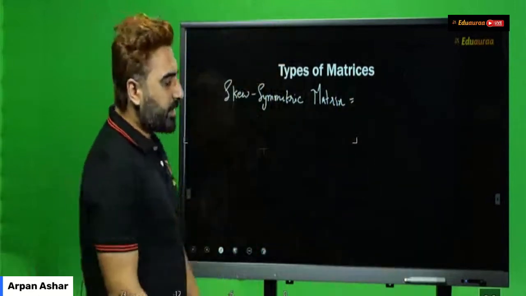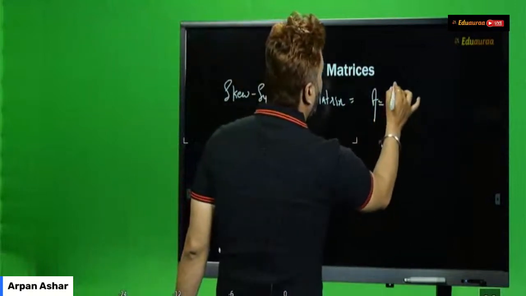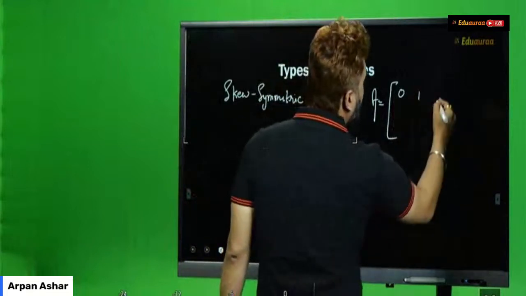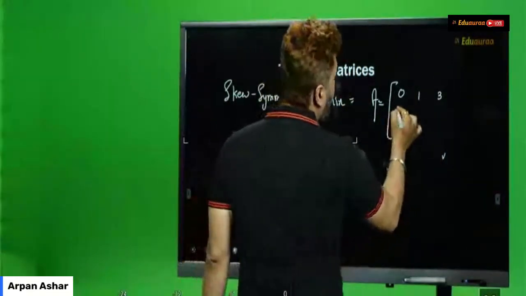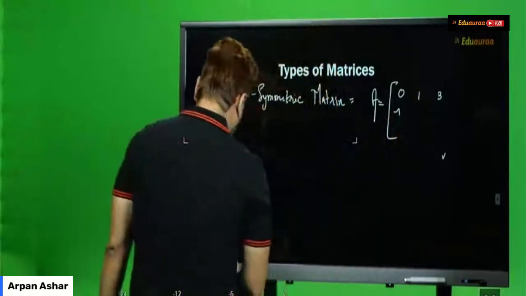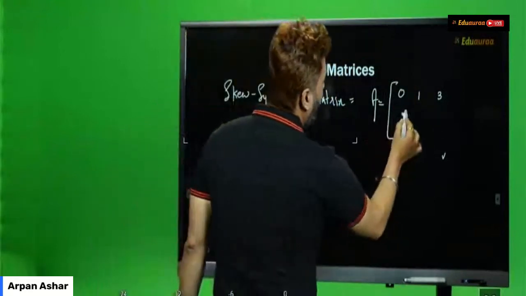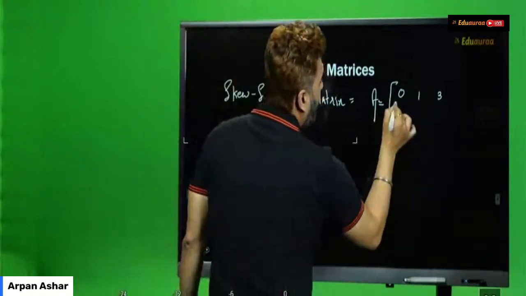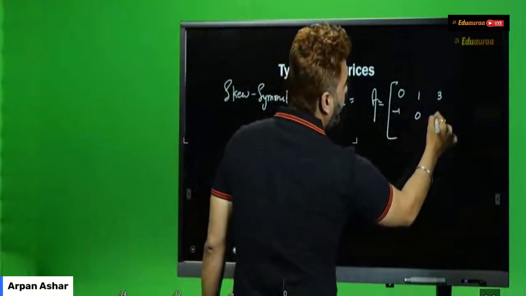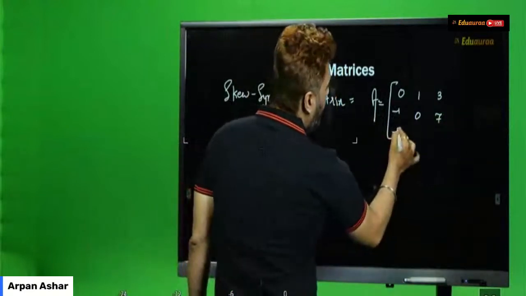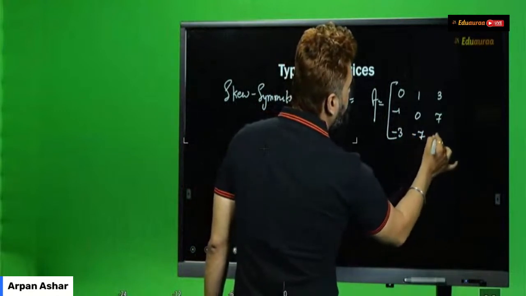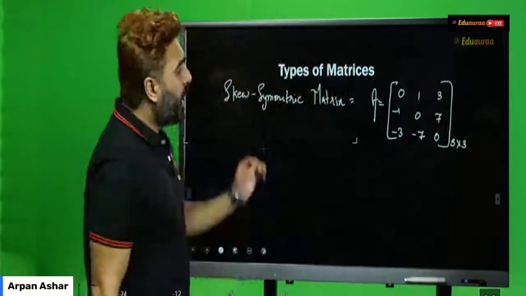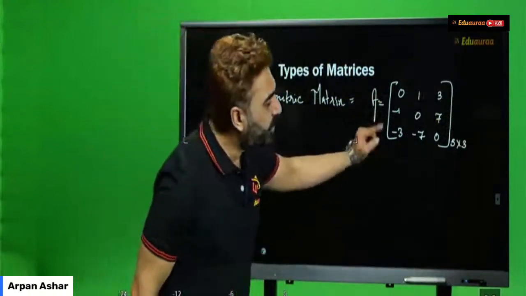Let's say we have one matrix A which is: 0, 1, 3, -1, 0, 7, -3, -7, 0. Order 3 by 3.